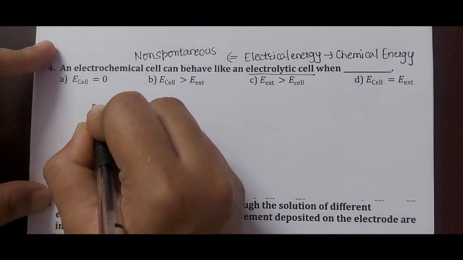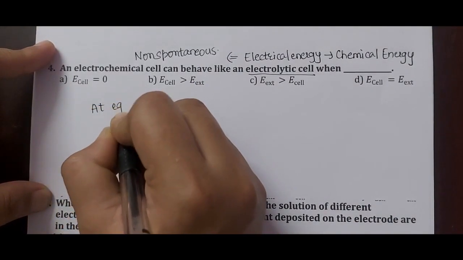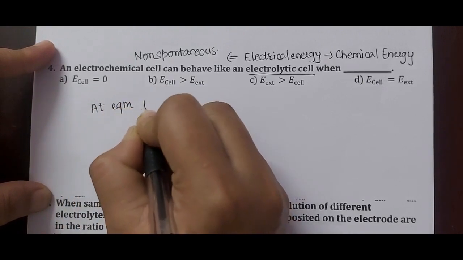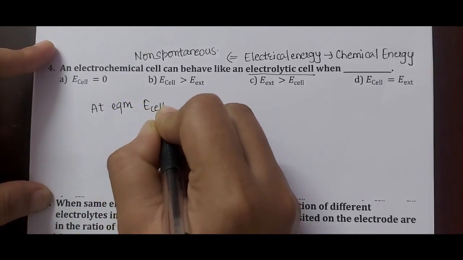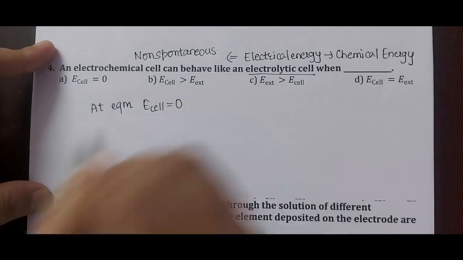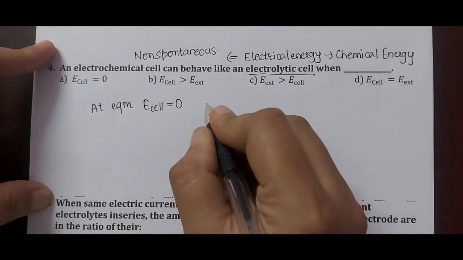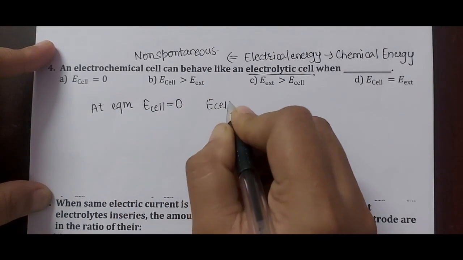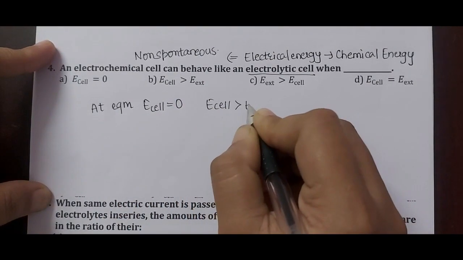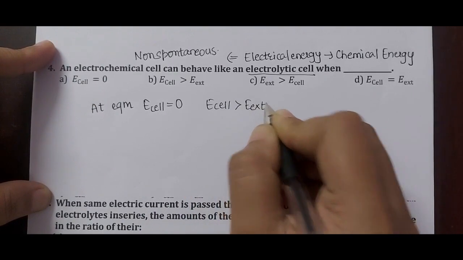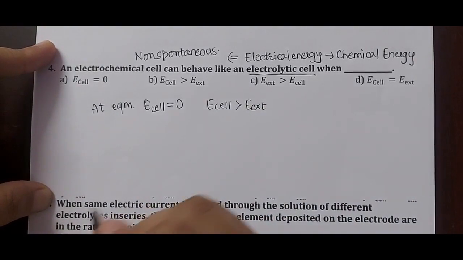And if you refer to the video of synopsis regarding electrochemistry topic, you can recall that there we have studied if the reaction is at equilibrium, the EMF of a cell becomes equal to 0, that is for any galvanic cell if you consider. In case the EMF of a cell is greater than E external, we'll take the example of Daniell cell.